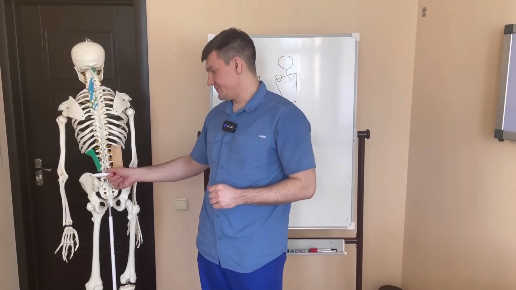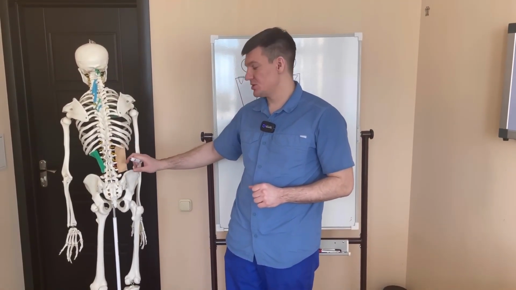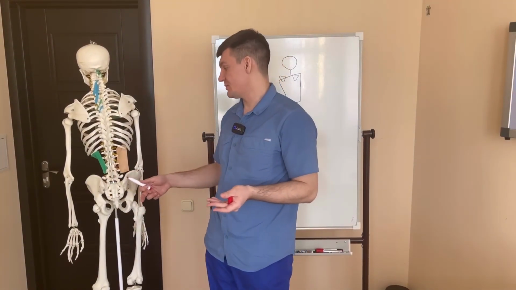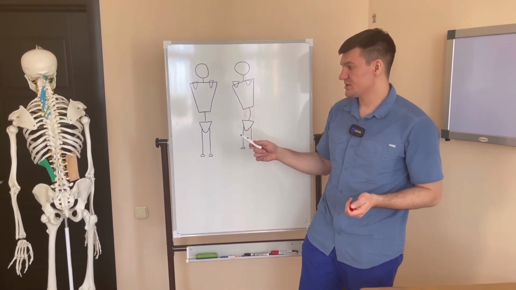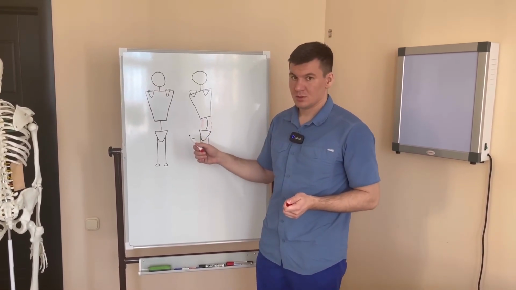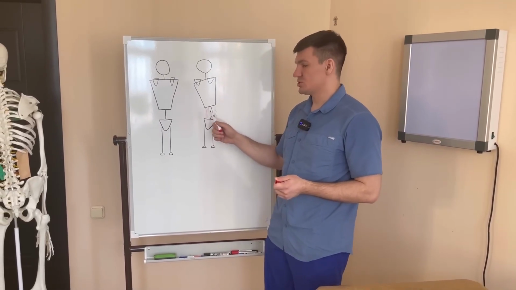And from the other side, the muscle begins to stretch gradually, and the shorter it becomes here, the harder it is for the muscle from the opposite side to work. Therefore, to restore these two muscles, it is necessary to combine the training of the weak, stretched muscle and stretching of the shortened muscle.